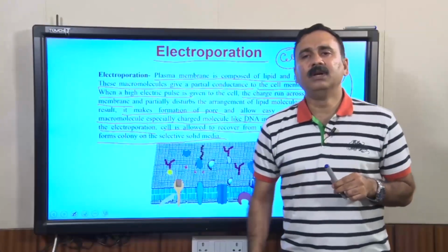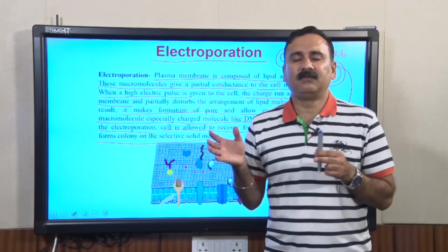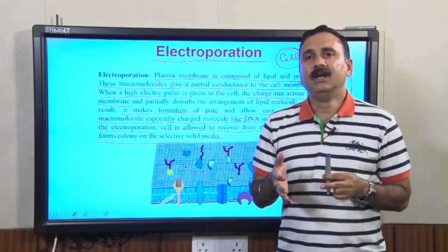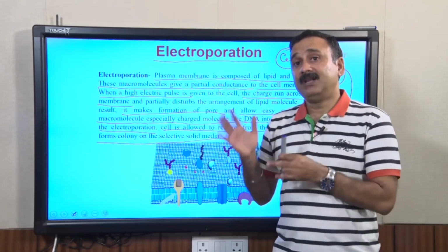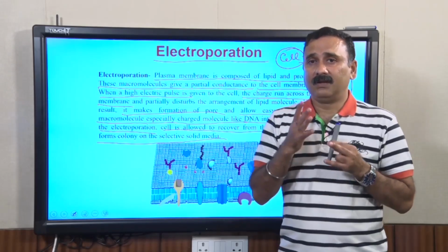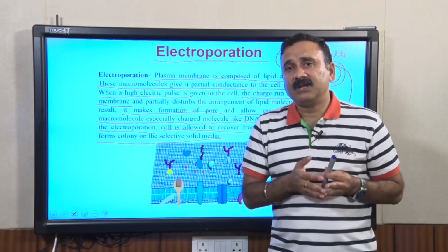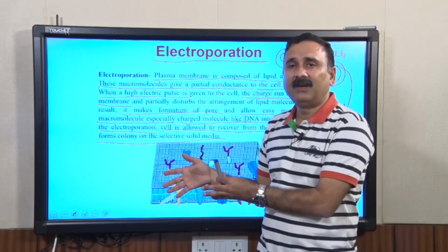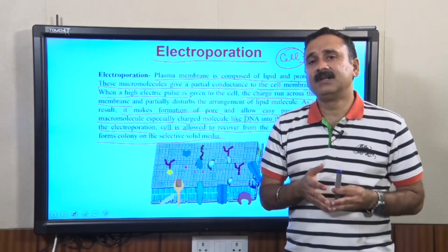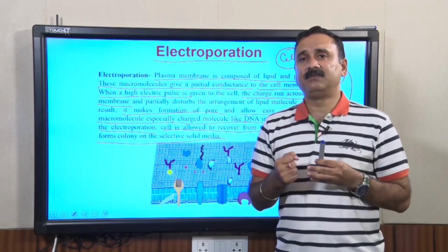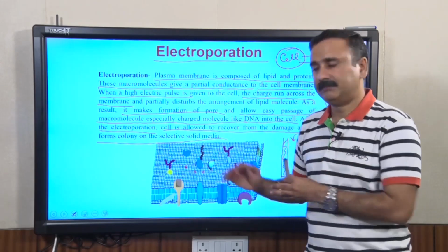So this is all about transformation by electroporation as well as transformation by the chemical methods. Both methods have different transformation efficiencies, and the transformation efficiency, whether by the chemical method or the electroporation method, depends mostly on different factors, which we are going to discuss in the next slide.